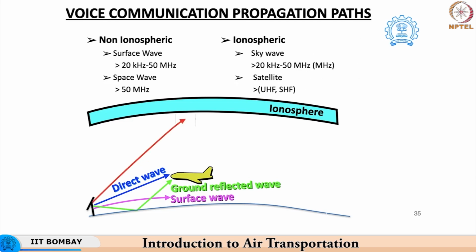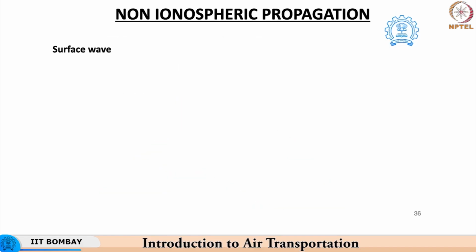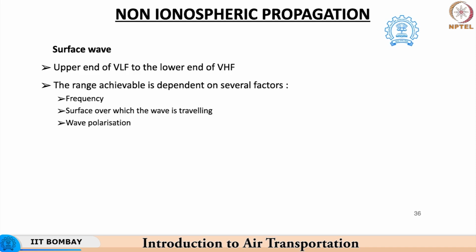The second propagation path is called the ionospheric propagation path. These are used by two different types of waves, that is the sky waves and the satellite waves. Now the surface waves are associated with signals that correspond to the upper end of very low frequency up till the lower end of very high frequency signals.